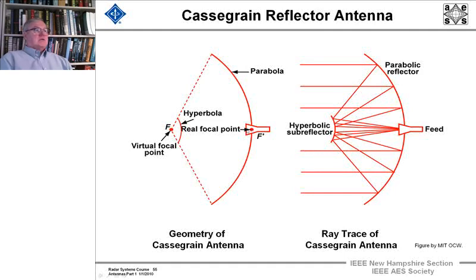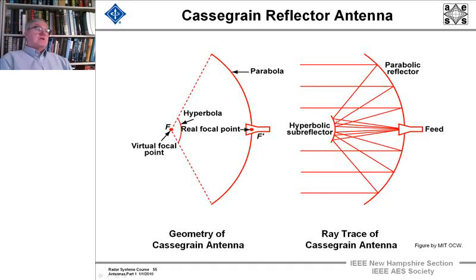And what that does is that this hyperbolic subreflector transmits energy out, so that energy will go back to the parabola as though it came from the virtual focal point of the parabola and go out parallel.